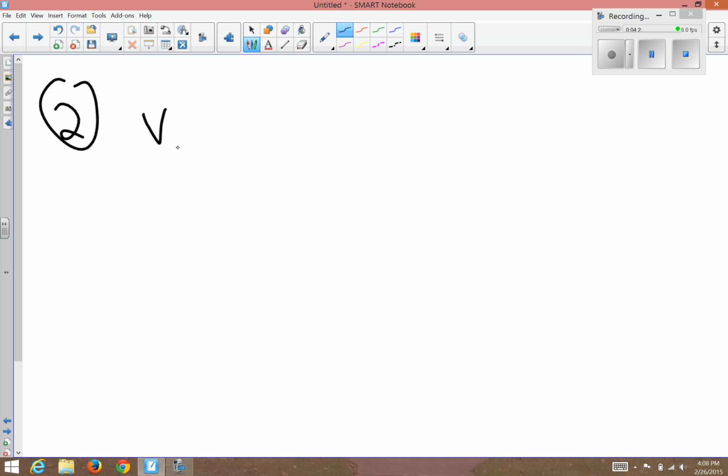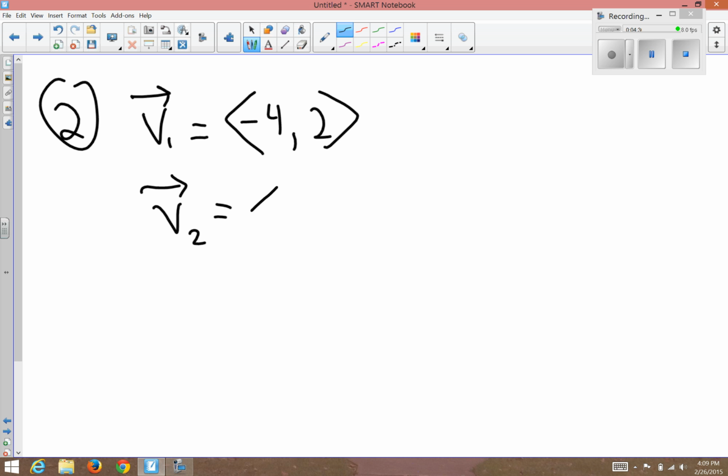Vector 1 equals the same vector we just looked at. And vector 2 equals 7, 3. And the example is to express vector 1 plus vector 2 in component form.